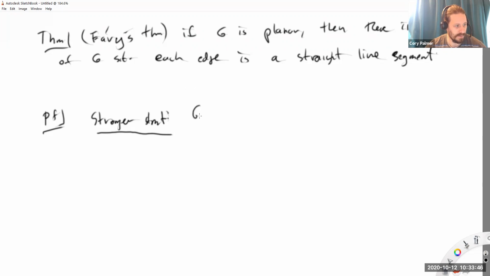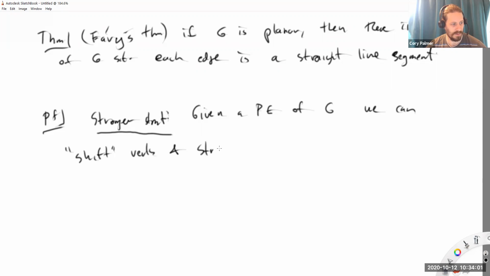So given a planar embedding of G, we can shift vertices and straighten, whatever that means, edges. When we do the proof, this concept will become clearer. It's just hard to define it nicely.